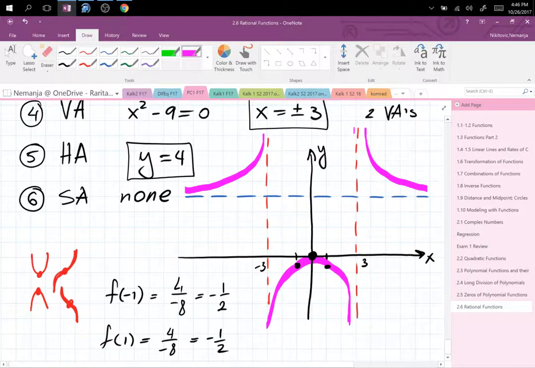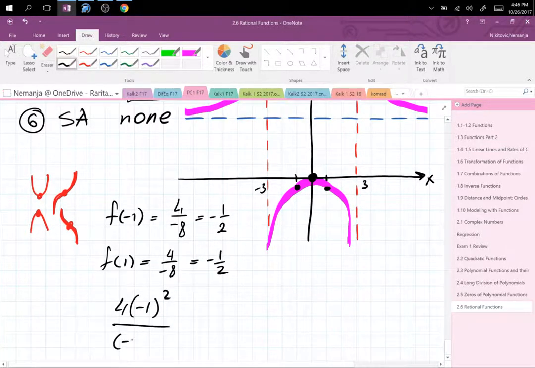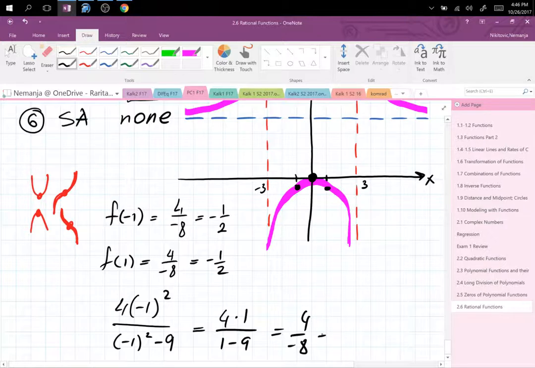So we're using 4x squared over x squared minus 9. This is 4 times 1 over 1 minus 9, which is 4 over negative 8, which is negative 1/2.